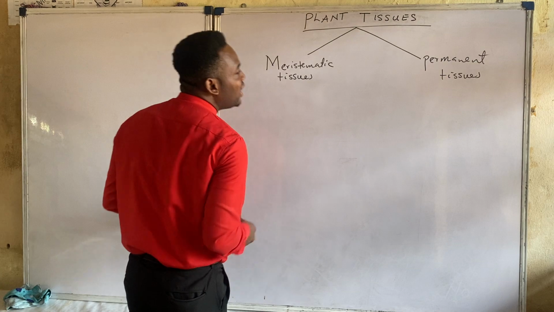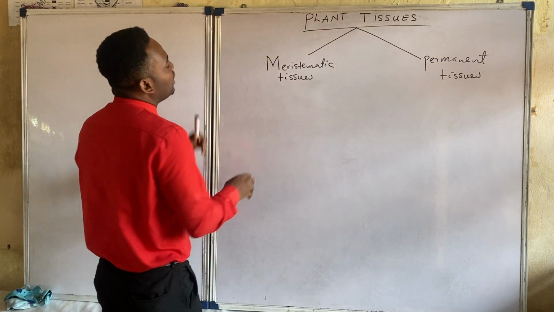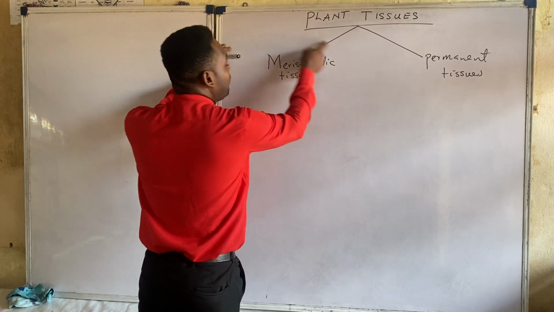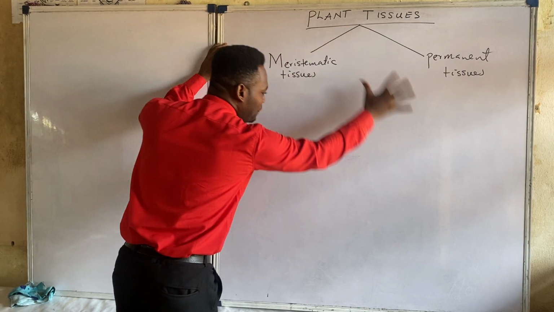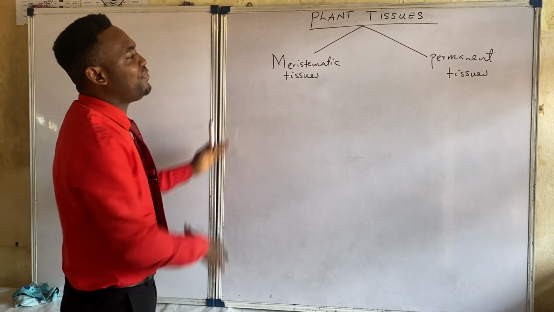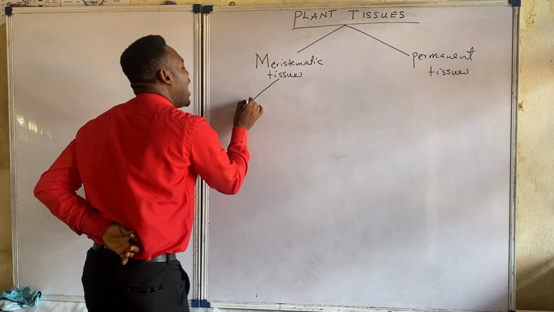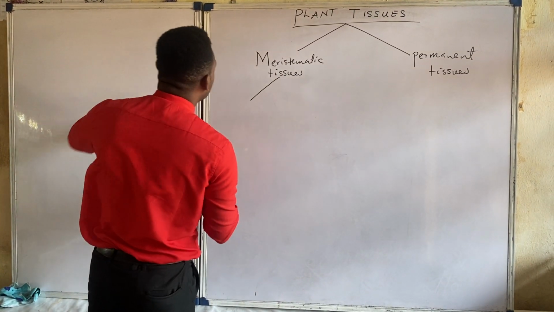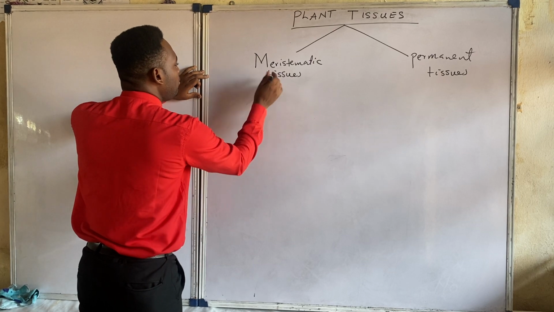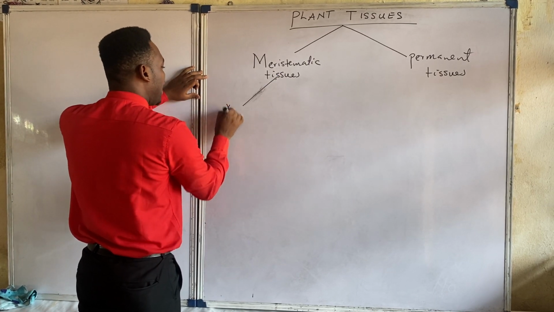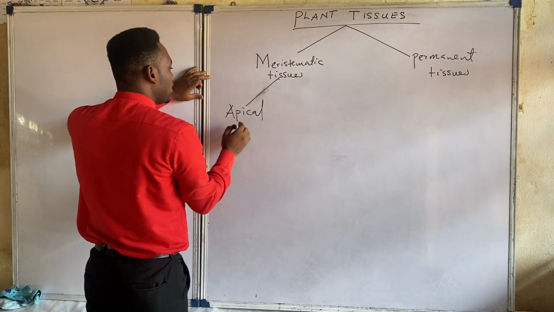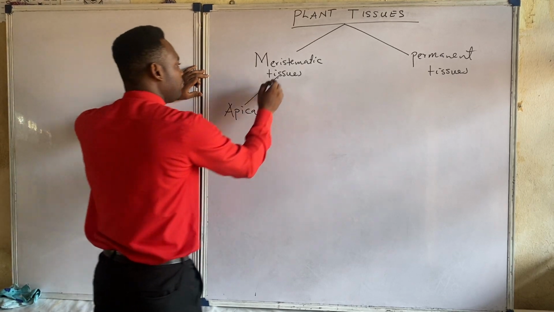What and what do we have in the meristematic tissues? I will still tell you the meaning of meristematic tissues, but I want to finish everything with the flowchart before I start explaining. Now, in the meristematic tissues we have what we call the apical meristematic tissue.